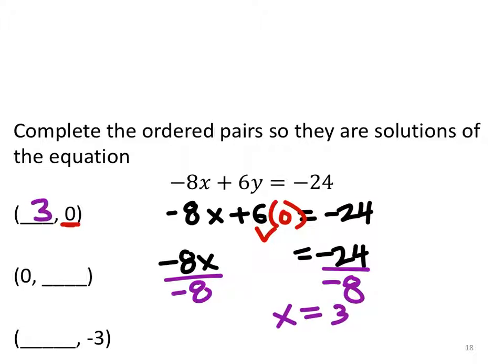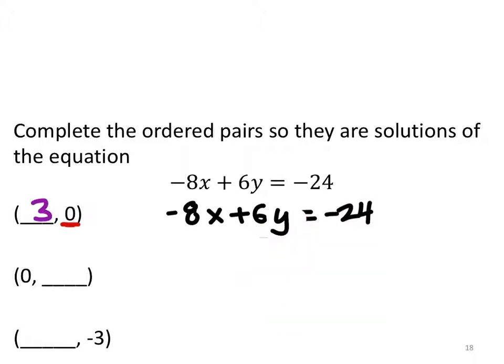So that ordered pair would be (3, 0). Now we could plug in x just like we would in that first module. We can replace x with 3 and y with 0 just to make sure we get a true statement. And we do.